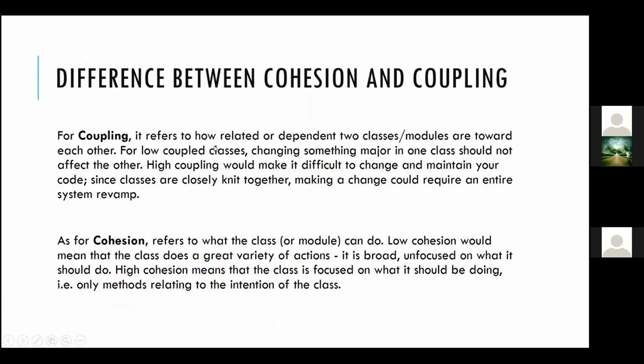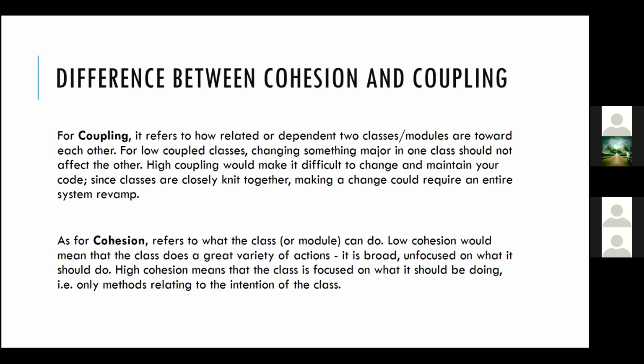So the difference between cohesion and coupling. Coupling refers to how related or dependent two classes or modules are toward each other. For low coupled classes, changing something major in one class should not affect the other. High coupling would make it difficult to change and maintain your code since classes are closely knit together.